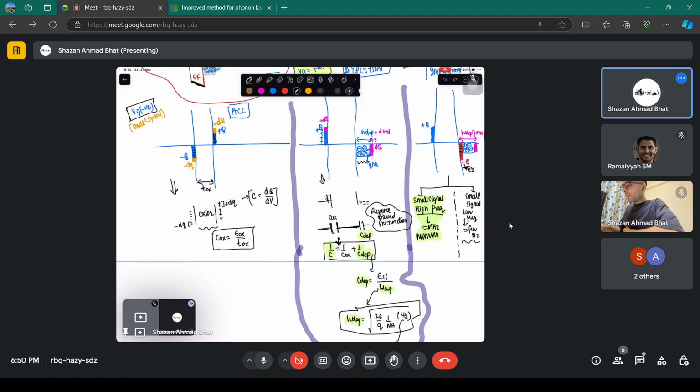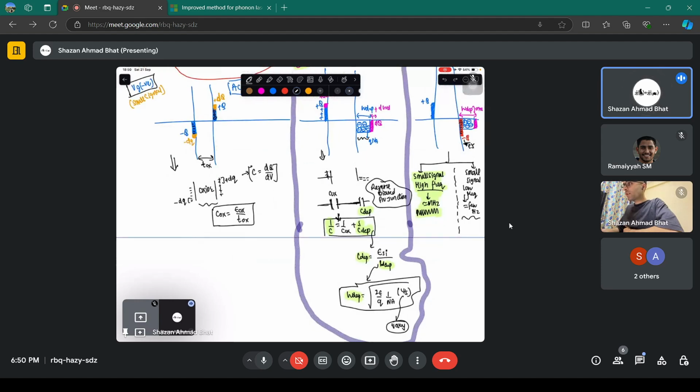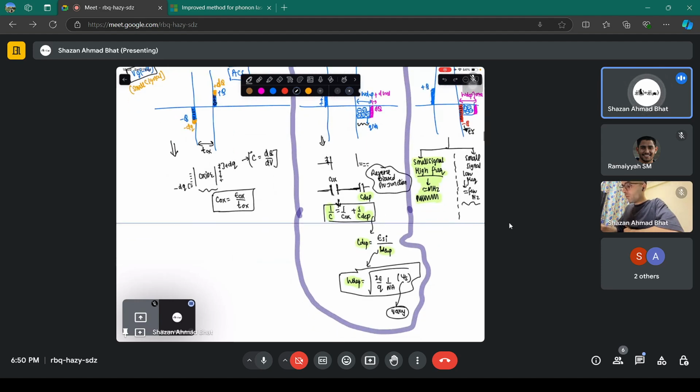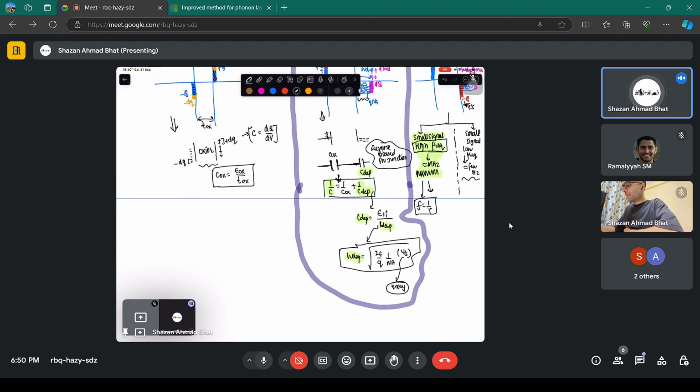So let's talk about what happens in inversion when we talk of small signal first. Small signal, but with high frequency. High frequency means that, since frequency is inversely proportional to the time period of the signal, this signal will oscillate so fast that it won't give time for charges to respond.